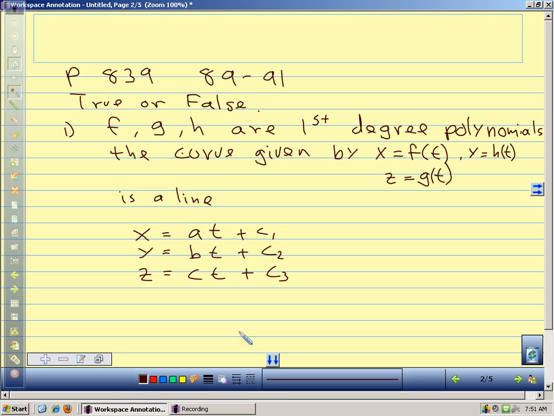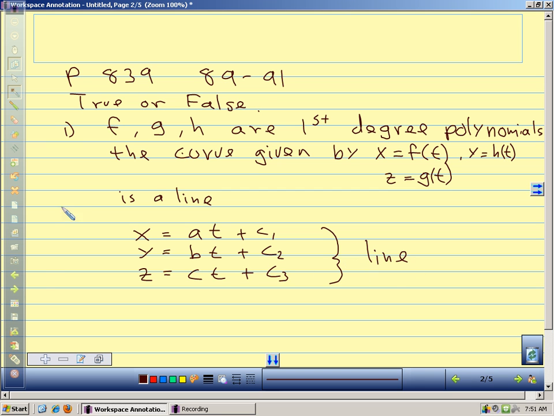And what kind of equations are these? Parametric equations for a line. So if we wanted to provide a more formal argument, this would be our argument, and this is a line.